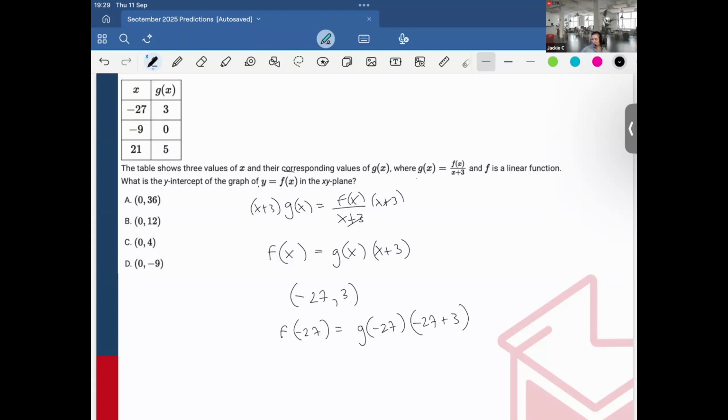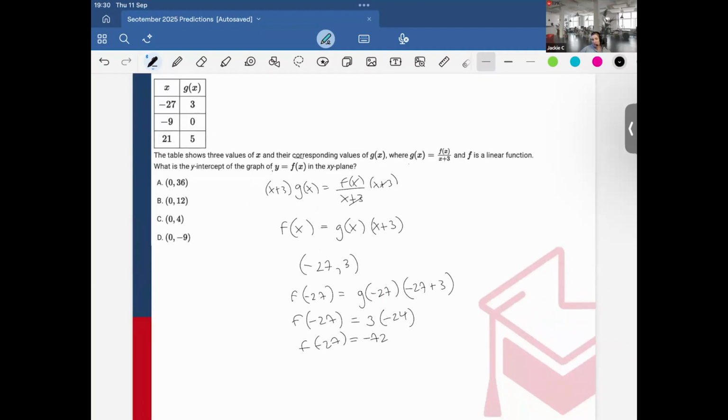Looking at the table, g of negative 27 is, what is that equal to? Oh, it should be 3. So this would be f of negative 27 is equal to 3 times negative 24. And basically, f of negative 27 would be equal to negative 72.